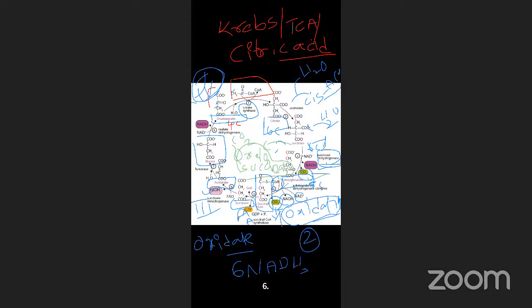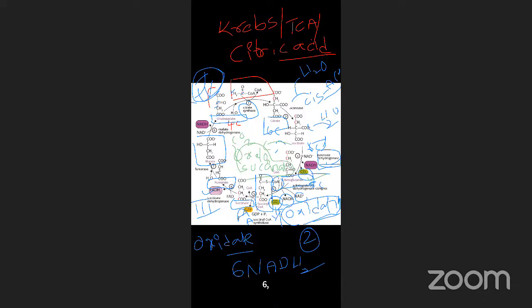Write down 6 NADH2. Glycolysis NADH2: 2. In oxidative decarboxylation: 2 NADH2. What about in the Krebs cycle? 6. How many FADH2 in the Krebs cycle? 2 FADH2.